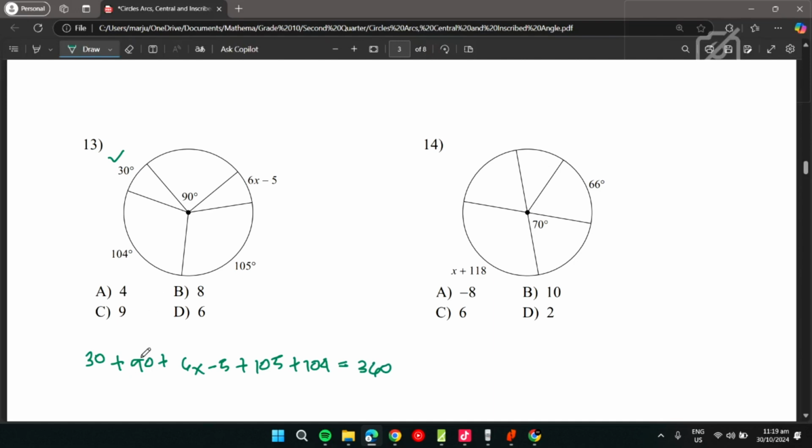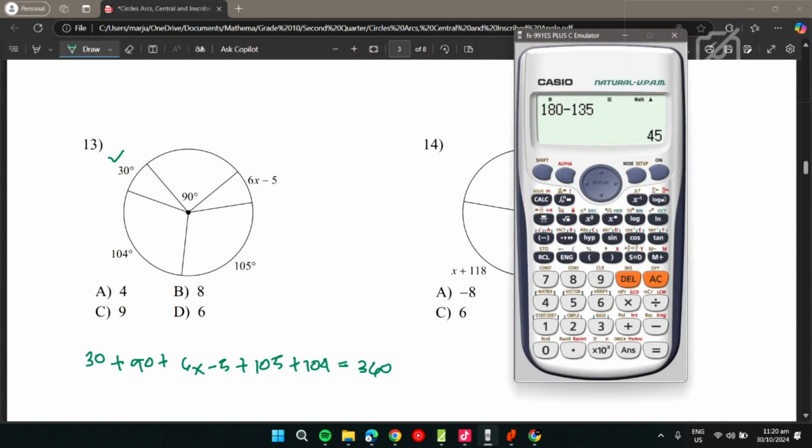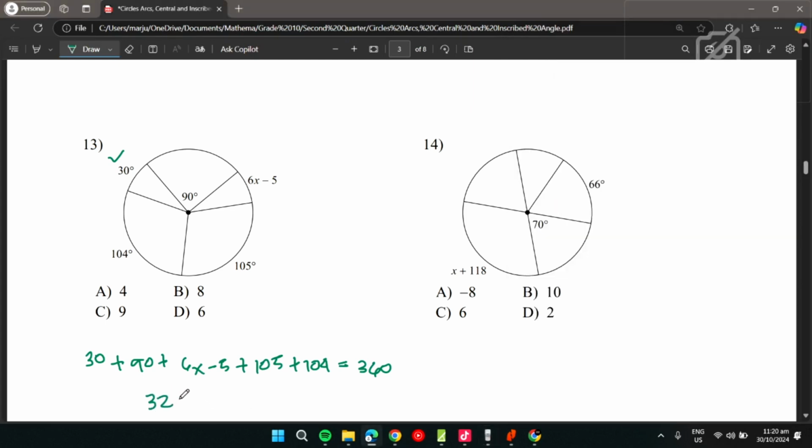Alright? And then combine lang natin. What is combine like terms? 30 plus 90. Ano pa? Plus 105 plus 104 and then minus 5. That will give us 324. So everything is 324 plus 6x equals 360.